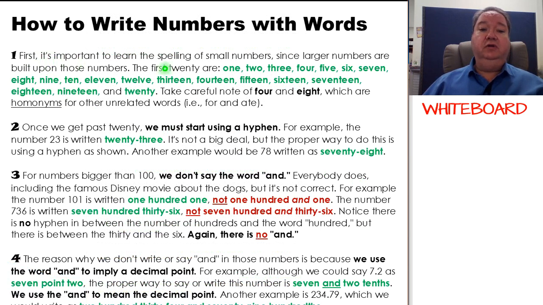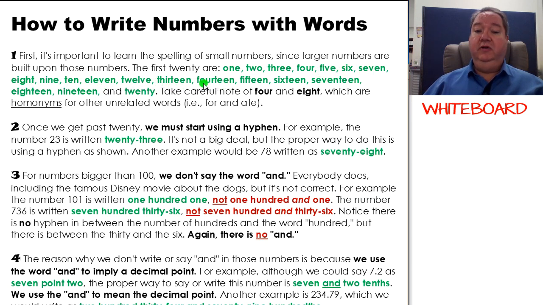First, it's important to learn the spelling of small numbers, since larger numbers are built upon those numbers. The first 20 are 1, 2, 3, 4, 5, 6, 7, 8, 9, 10, 11, 12, 13, 14.